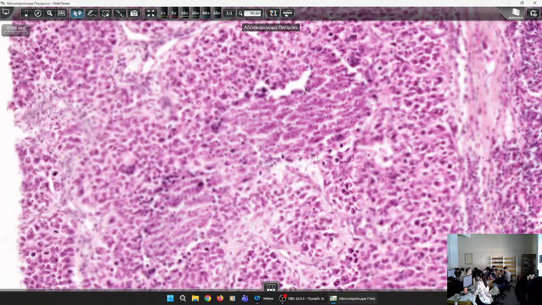So you need the patient's history, and you also need a marker which is related to primary development of cancer.